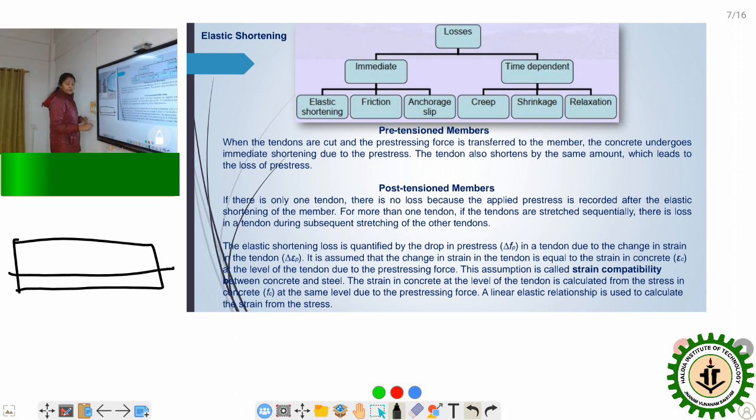For a pretension member, concrete is cast after the tendons are stressed, so there is an embedded monolithic section.